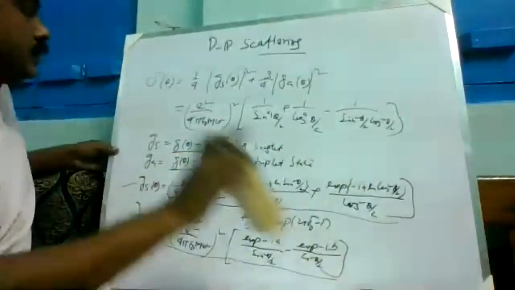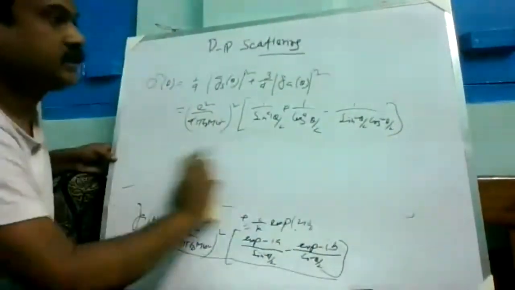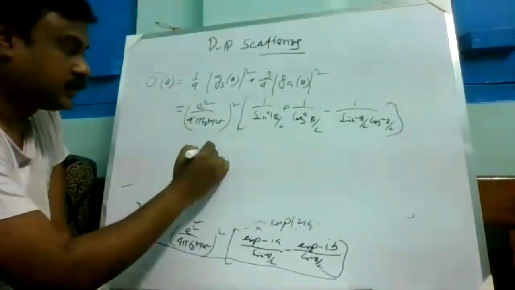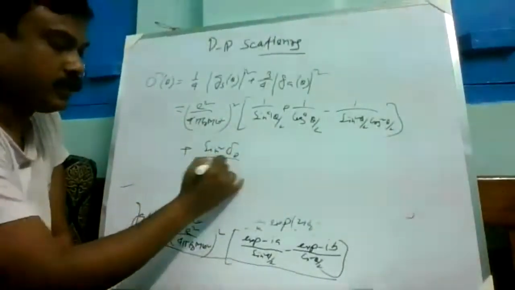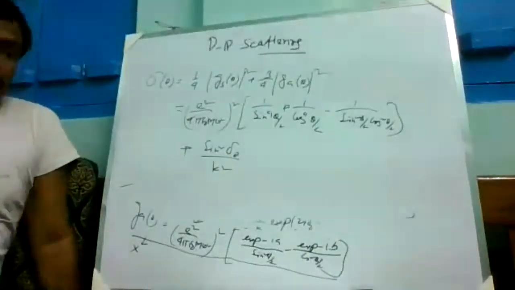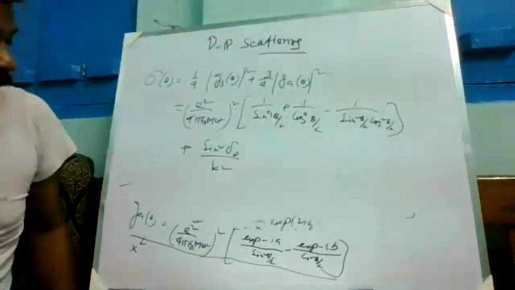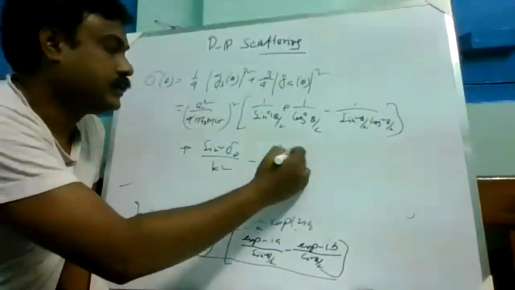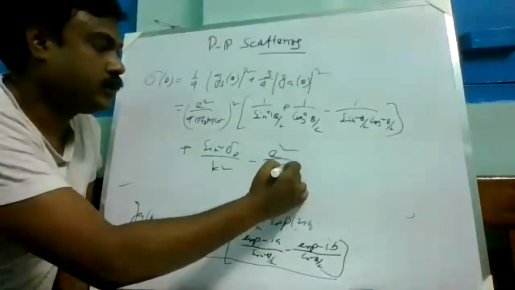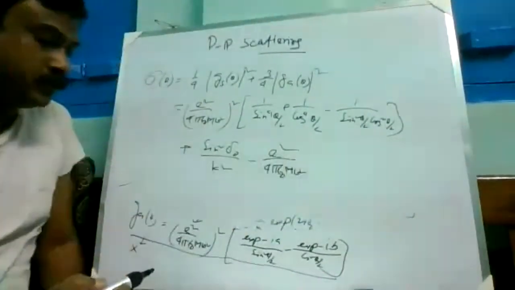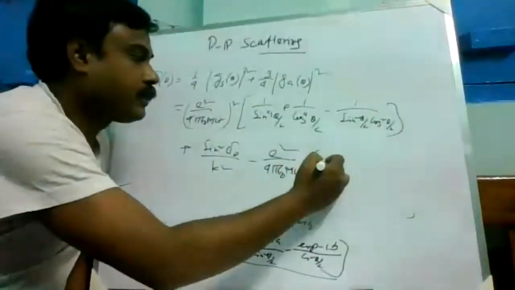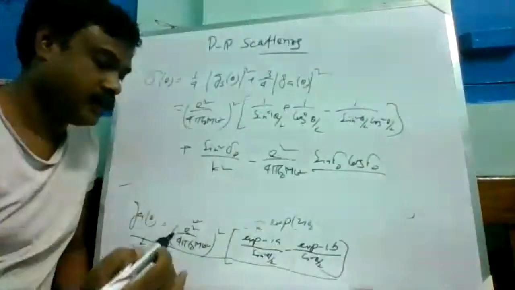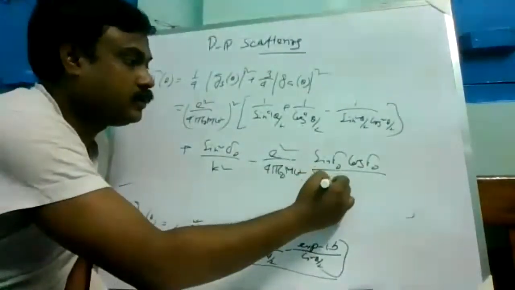We have derived this expression just now, and for the nuclear term this will be sin²δ₀ by k². We have already done it for NP scattering. It will be the same. There will be an additional term, which is e² by 4πε₀ mv² into sin δ₀ cos δ₀ by k sin²(θ/2).